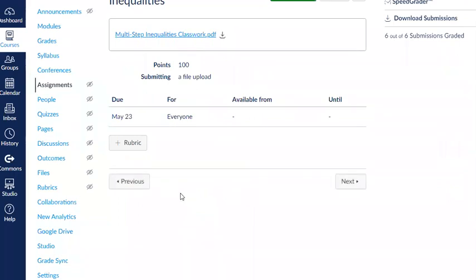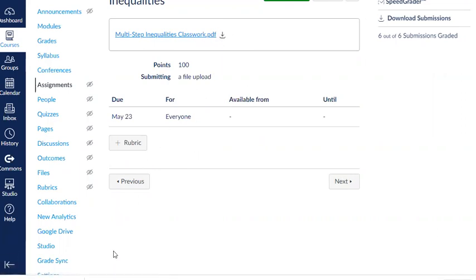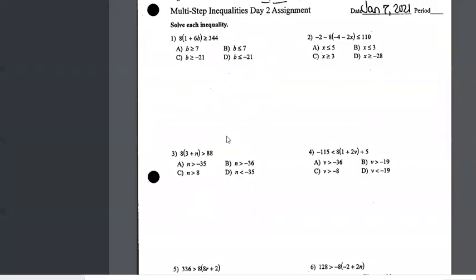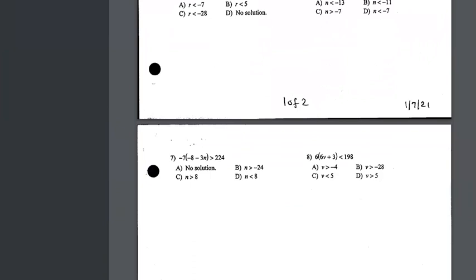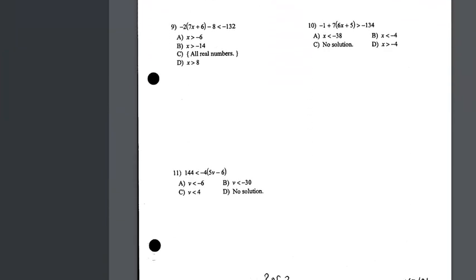I don't have the video up yet, but I will soon. You're going to see this. You can click the blue link or click the down arrow. I'm going to click the download arrow. And then when you open it up, it'll look like this. And you're going to be doing 1 through 11.